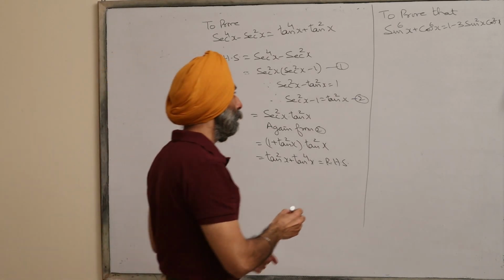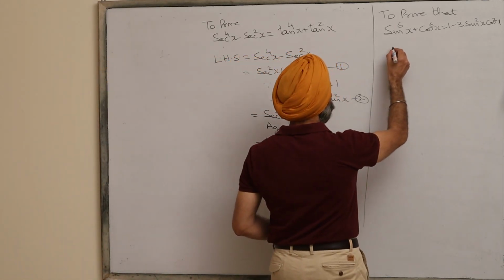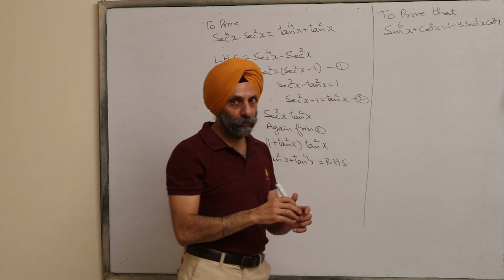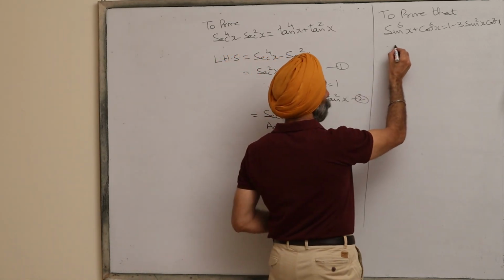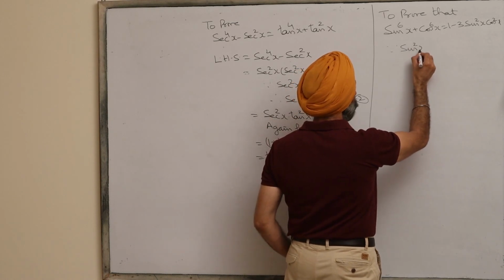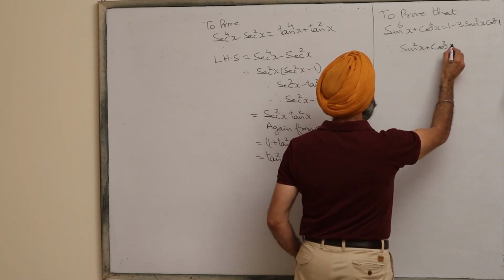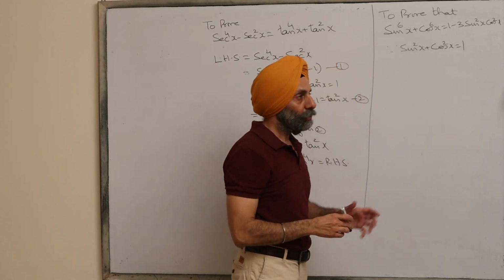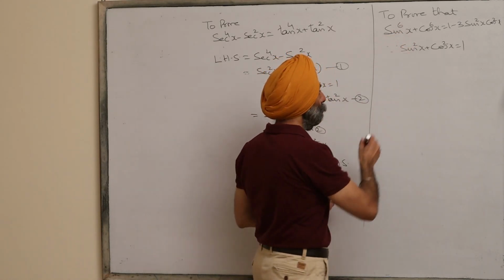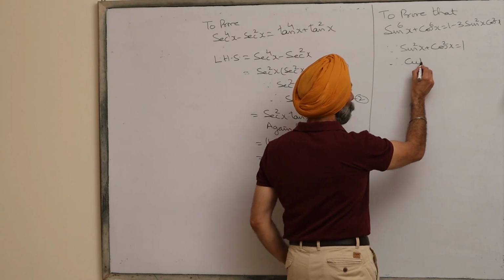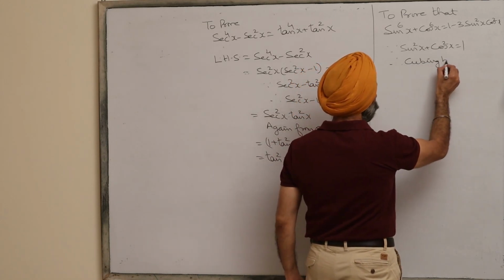Now, this is what we have to prove here. You can see that in this question, the identity which we can use here is sin square x plus cos square x is equal to 1. Since we have to reach till sin raised to power 6x, therefore, cubing both sides.